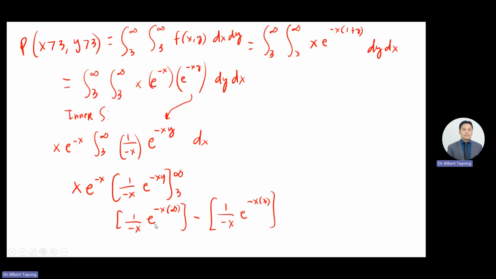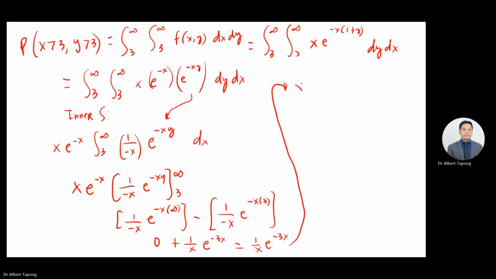Okay, so as mentioned, e raised to the power of negative infinity, we have negative x times infinity here. x is any value. This is going to be 0. 0 times 1 over negative x is 0. And this is minus, and this is negative. It becomes plus 1 over x. And then we have e raised to the power of negative 3x. So that is going to be 1 over x times e raised to the power of negative 3x. And this answer we're going to multiply by x times e raised to the power of negative x. So times 1 over x times e raised to the power of negative 3x.